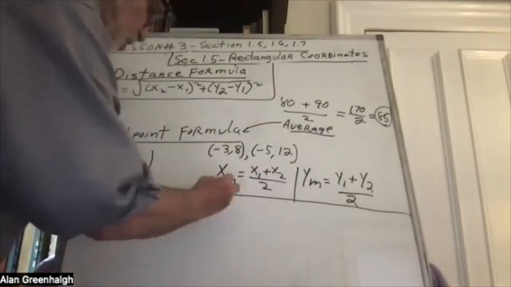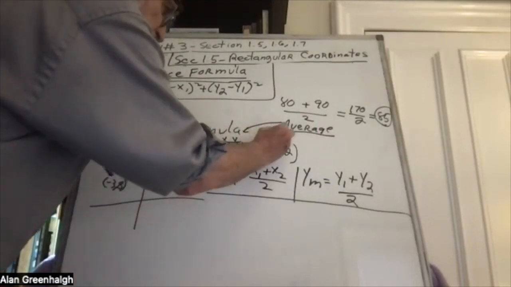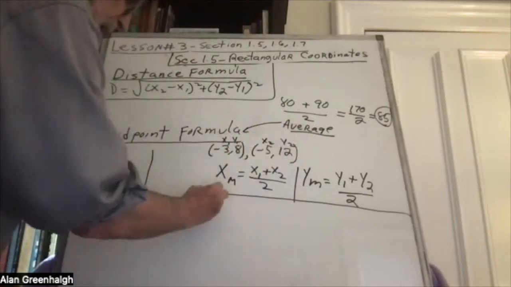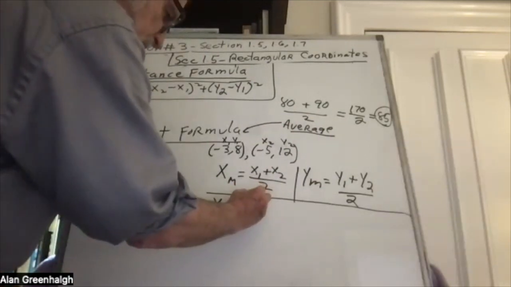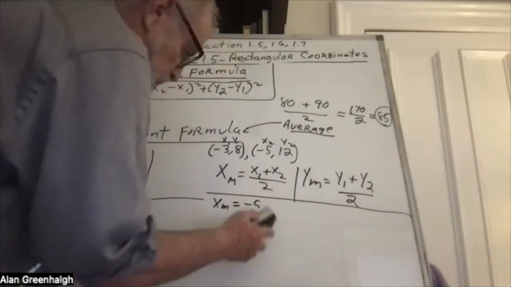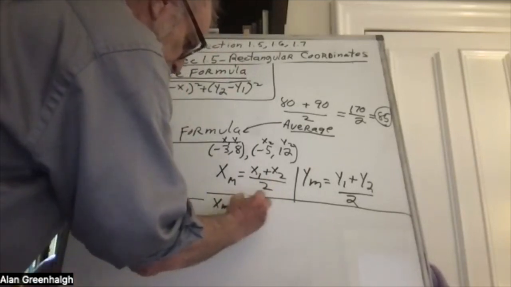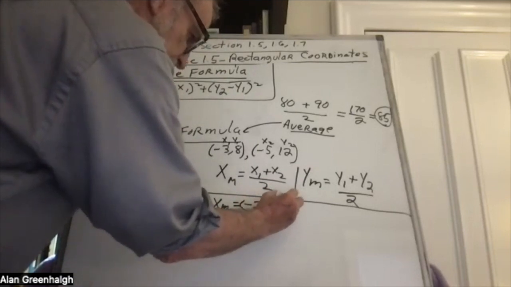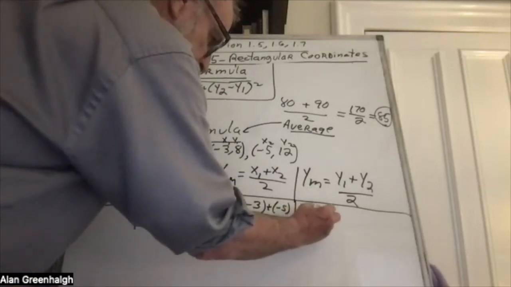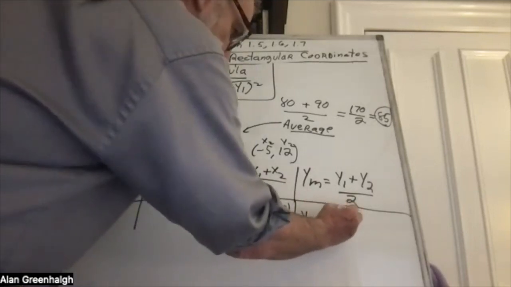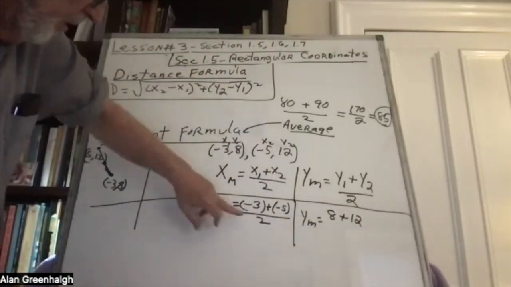So in this situation, if we call this x1, y1, and this x2, y2, the x coordinate of the midpoint would be equal to -3 plus -5 divided by 2. The y coordinate of the midpoint would be 8 plus 12. I added the x's right here.